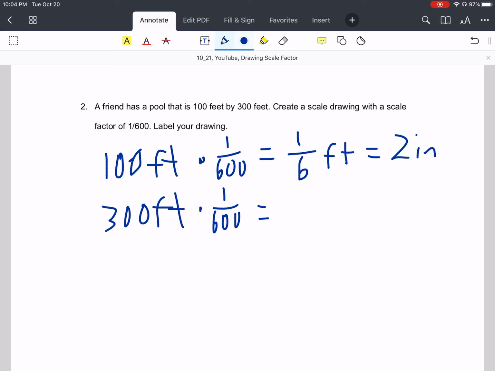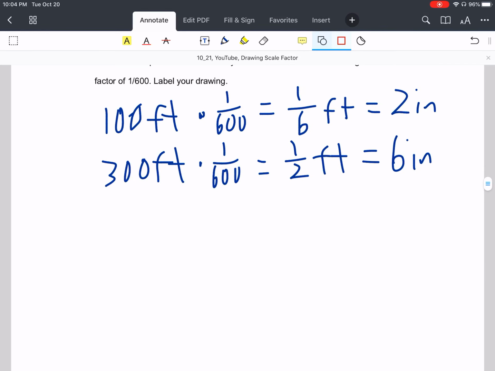And here, 300 times 1 is 300. So 300/600 is 1/2 of a foot. And that will give us 6 inches. So the rectangle that we need to draw, and again, you're using a ruler, I am not. And it doesn't matter what way we go. So we're going 2 inches, and then we're going 6 inches.